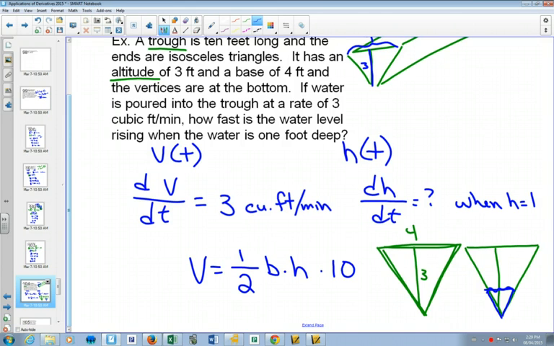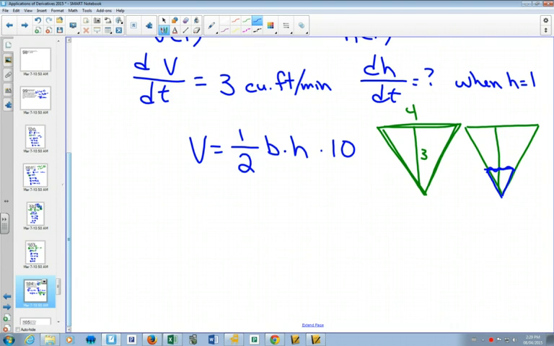So what's happening every single time is our ratio of our base to our height is always going to follow this ratio. Couple of ways you can look at it. If you're looking at ratios that way, the ratio of the base to height is 4 to 3.